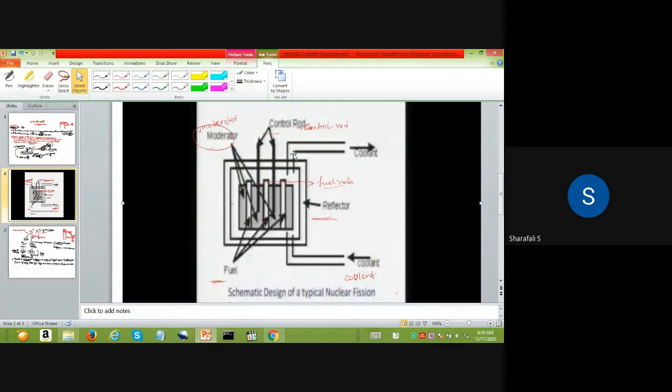In those cases, if you need to control that nuclear fission rate, then you have to use this control rod. You immerse this rod into the moderator completely.